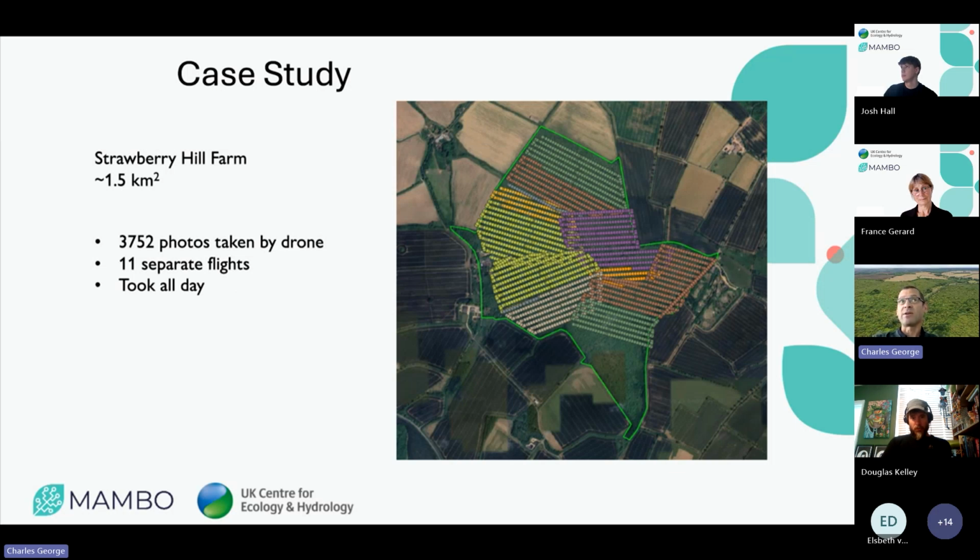You have to be able to see the drone at all times, and it's only allowed to be 500 meters away from you, and at 500 meters you can hardly see it. It's just a speck. As you see in the southern area here, I wasn't able to fly there because this area is too dense to get into at the time, and I wouldn't have been able to keep the drone within sight.